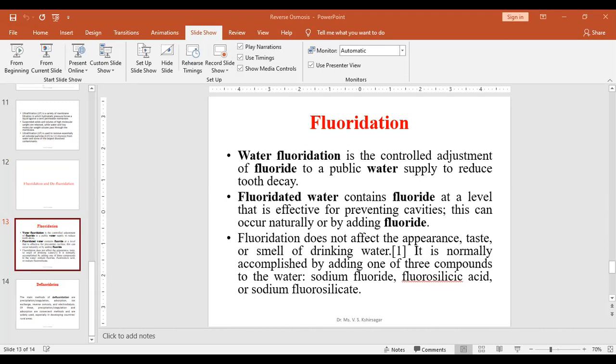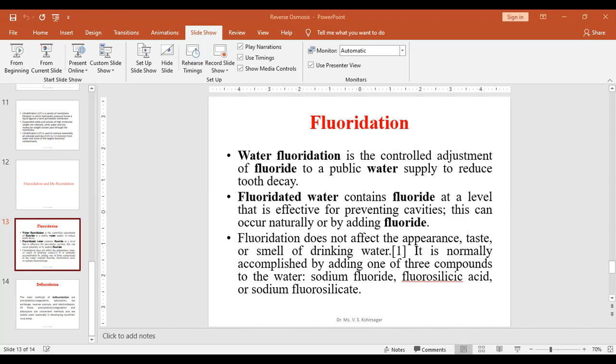And if fluoride is greater than 1.5 milligram per liter, it causes mottling of teeth, or it is also called dental fluorosis.